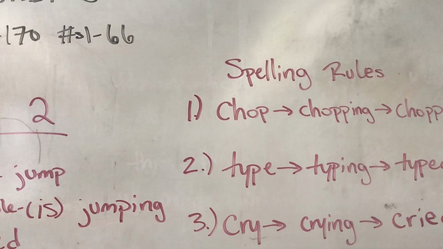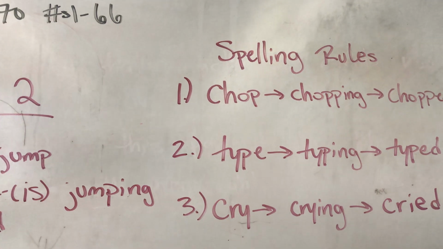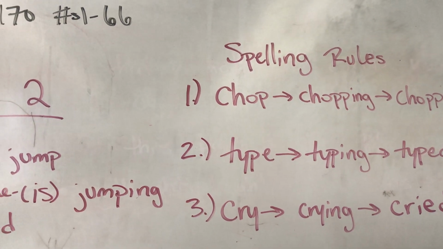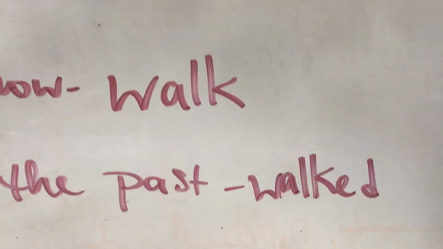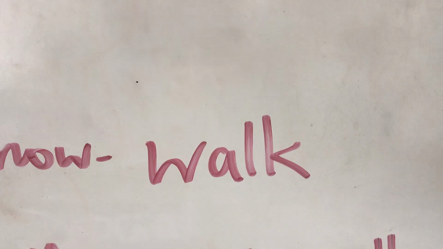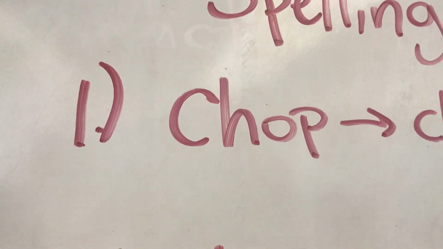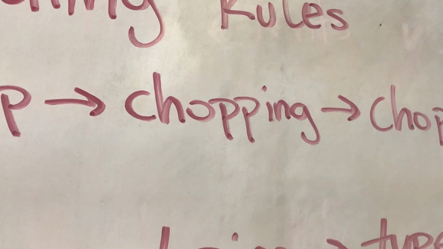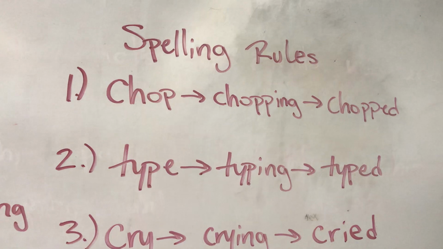So 1-syllable words ending with a single consonant. So if you notice down here when we had walk, we don't double the K because there's 2 consonants at the end of that word. But because there's a vowel right in front of the P, that's why we double the last consonant, and then we add ing or ed.